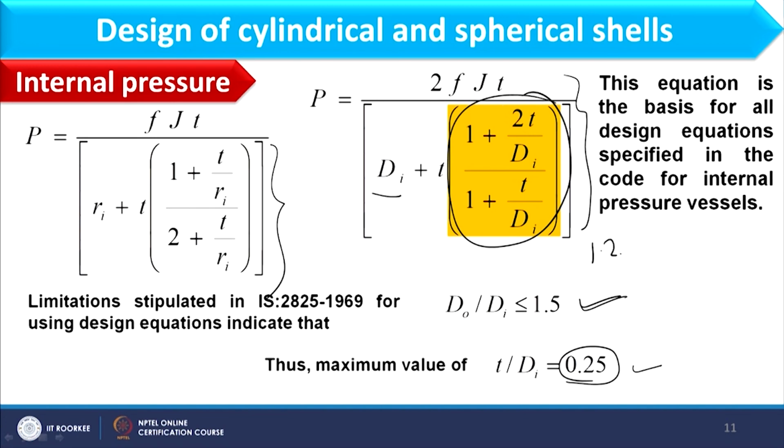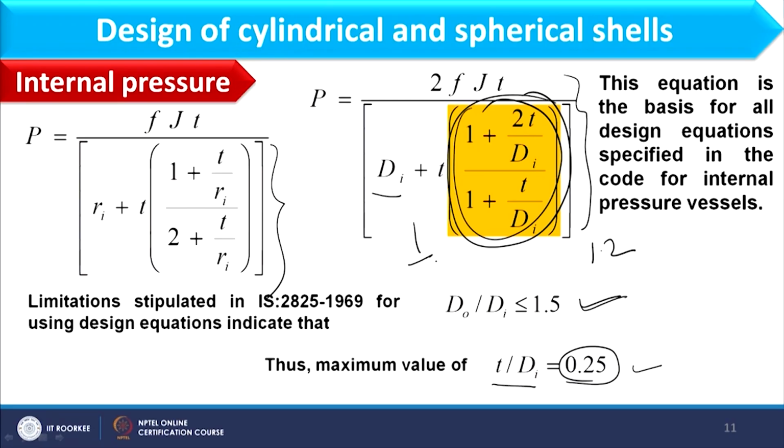Now, when we put this t by di of 0.25, the whole expression becomes 1.2, and that would be the maximum possible value. If I consider the minimum value of t by di, that value would be 0, and if I put 0 over here, the whole expression gives the value 1. So this whole expression varies from 1 to 1.2.